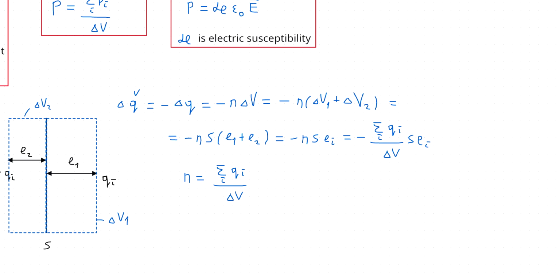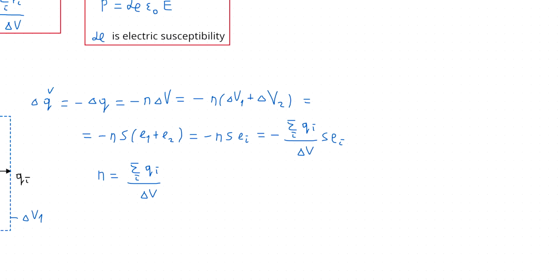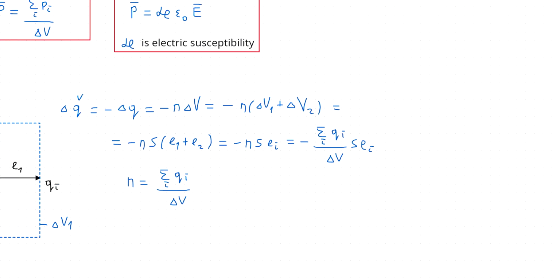And if Li is the same for all electric charges, and we may consider that it is the same if we define Li as some average displacement of bound charges, we will write this as Qi Li divided by delta V multiplied by S.